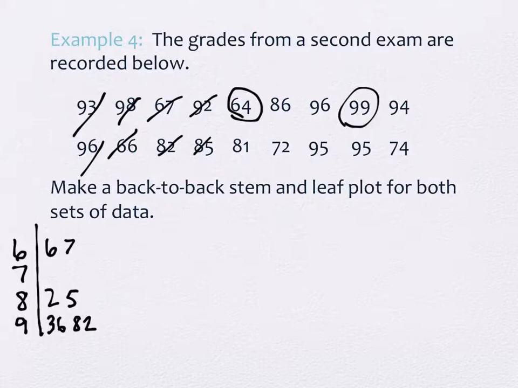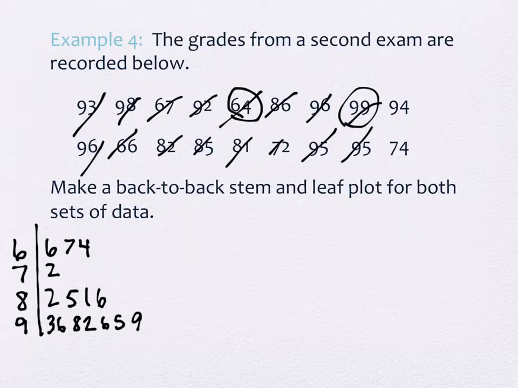Right now it doesn't matter if things line up because we're just scratch working it, right? 64, 81, 86, 72, 96, 95, 99, 95, and then 94, 74.